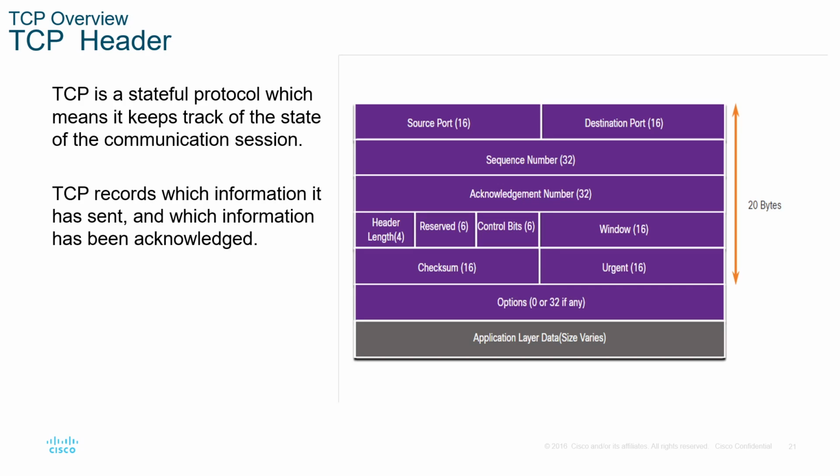Below the source and destination, you can see there's a sequence number for tracking. It tells us, hey, this was segment 1, this is segment 2, segment 3, and so on. There's an acknowledgement section. There are control bits that tell us which type of TCP segment we're sending.